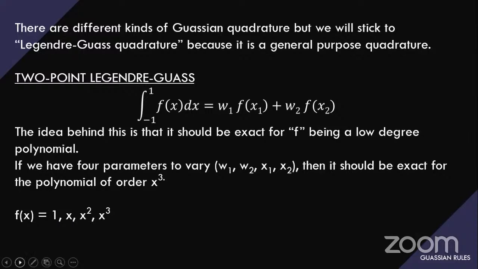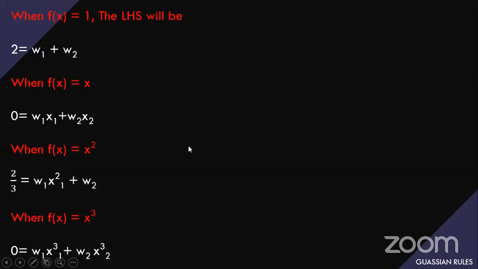So for x raised to power 0, that is 1. Then we have x raised to power 2, and x raised to power 3. Now, when f(x) is equal to 1, that means f(x) is x raised to power 0, just like my colleague explained when we were talking about integration: when you integrate the value of 1, what are you going to get? If we integrate 1, we'll get x.